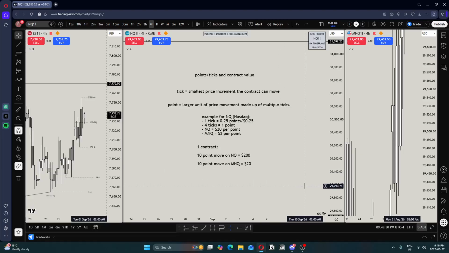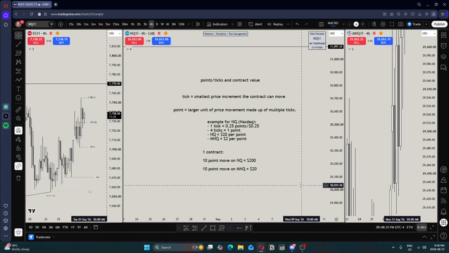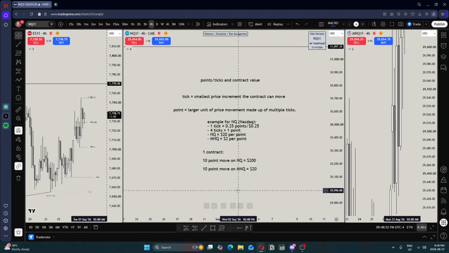This is how risk is calculated in futures. If you are curious about or wondering how to calculate risk for futures contracts, how much risk you want to put on each individual trade, this is the simple formula for all that.